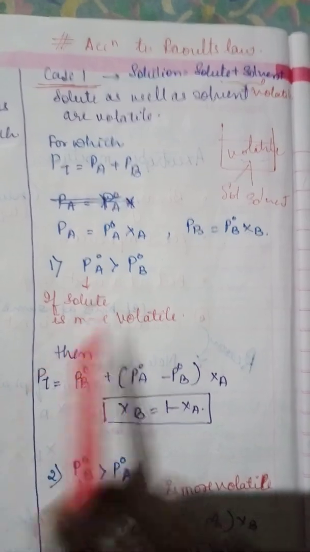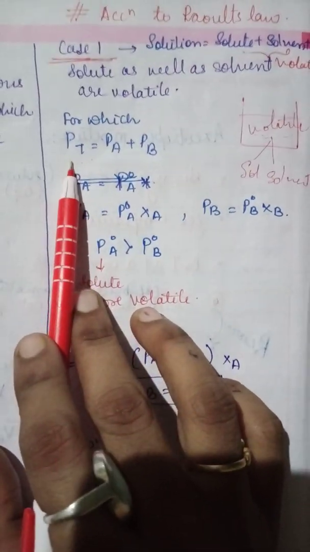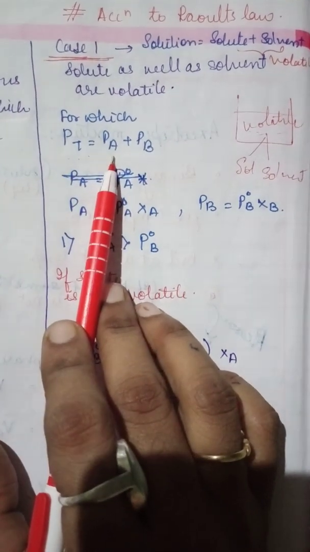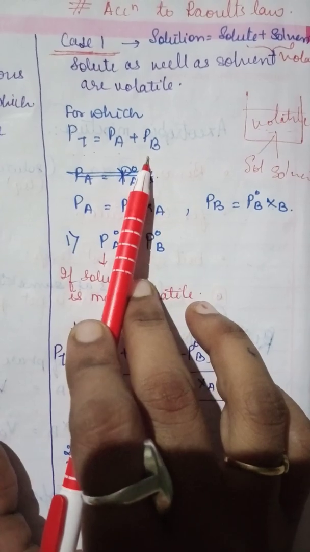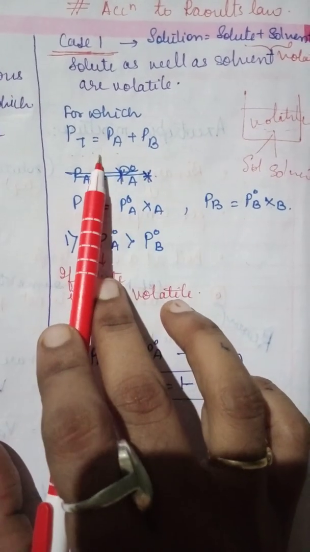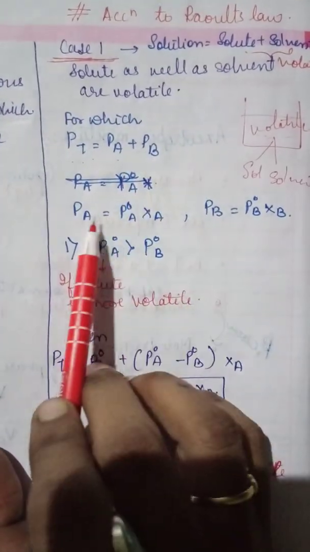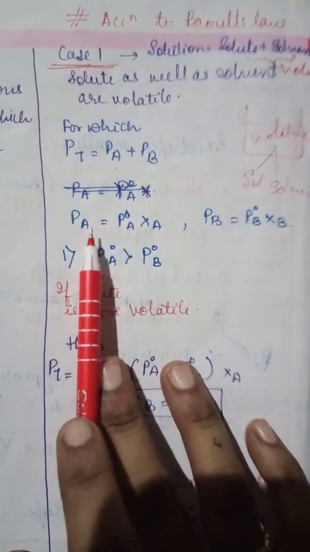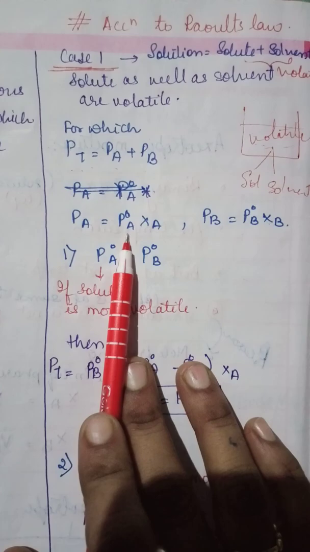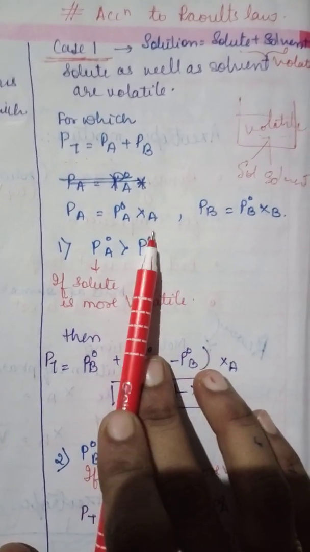We have already seen this condition: the total pressure of the system depends upon the partial vapor pressure of solute and the partial vapor pressure of the solvent, that is A and B. We have also studied that the partial vapor pressure of A is the pure vapor pressure of A into its mole fraction.